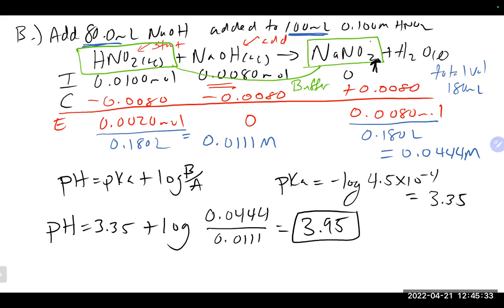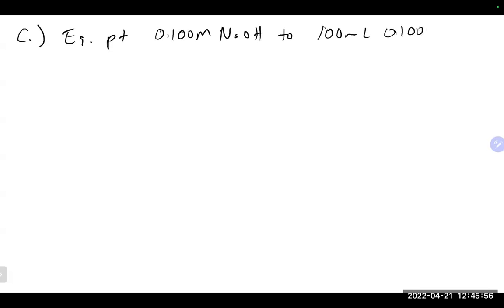All right, then that takes us to the equivalence point, which is part C. Once again, we are adding 0.1 molar sodium hydroxide to 100 milliliters of 0.1 molar HNO2.